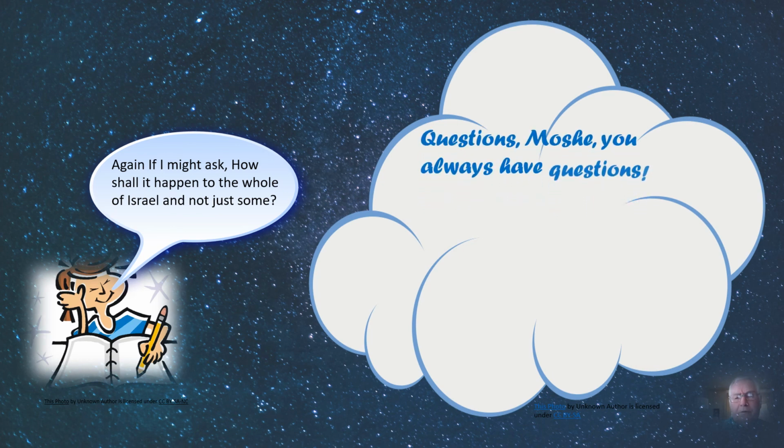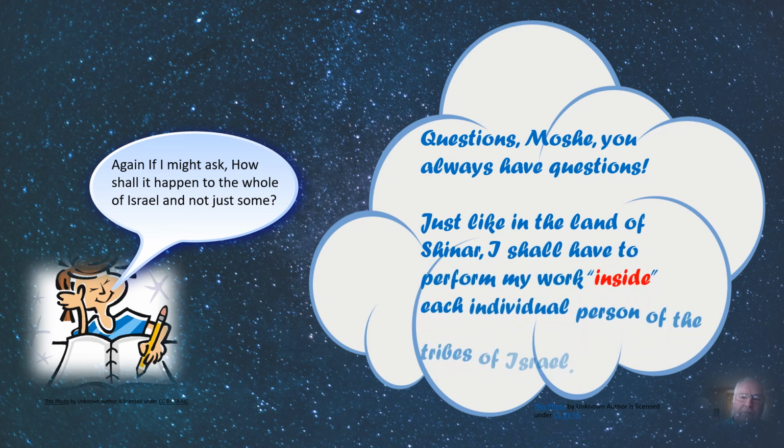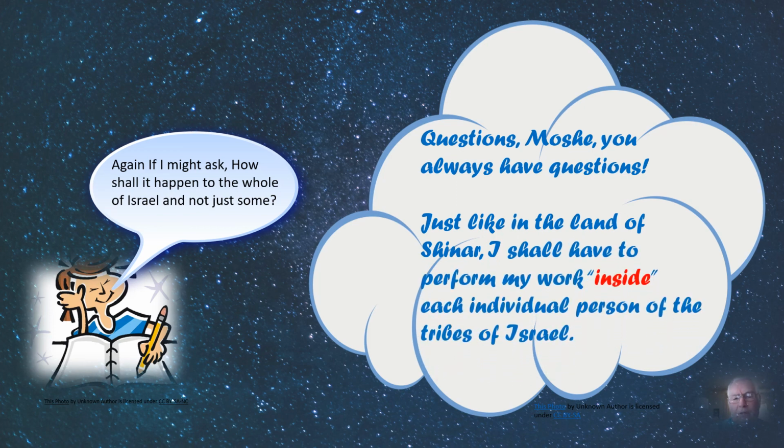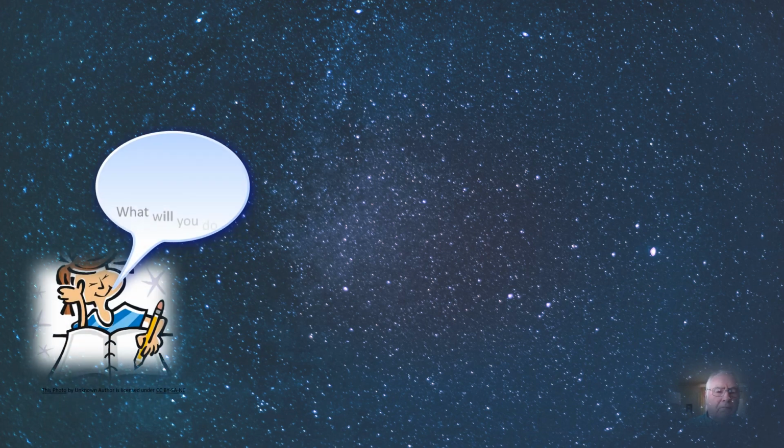Questions, Moshe? You always have questions. Just like in the land of Shinar, I shall have to perform my work inside each individual person of the tribes of Israel. What will you do?